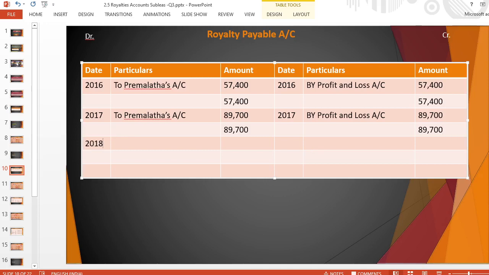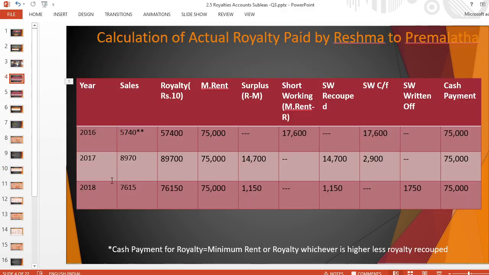And for the last year, 2018, the same transaction repeats here again. Royalty payable account debits to Premalata's account. I'll check the royalty amount here.